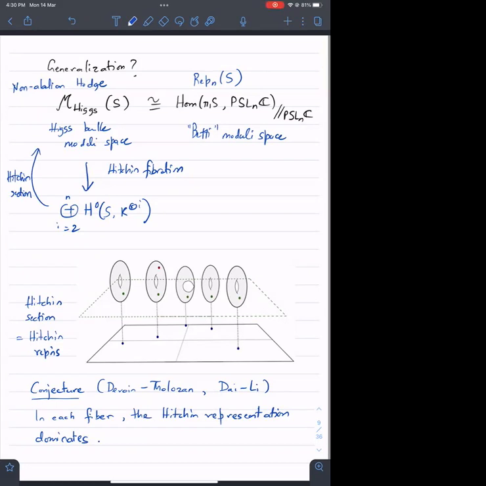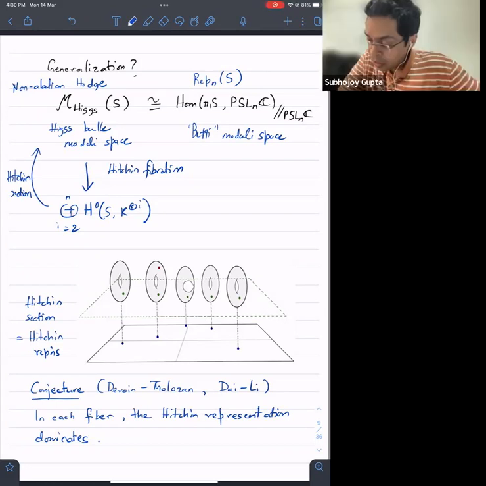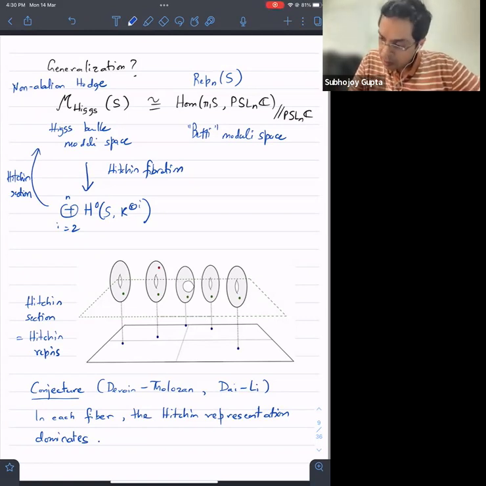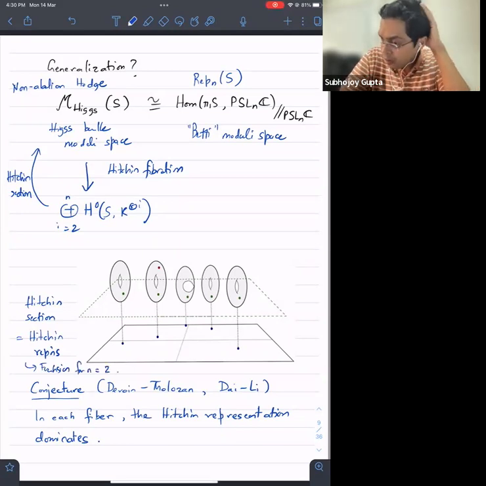So basically that's the analog of the Fuchsian guys, right? Yes, that's right. So for n equal to 2, Hitchin representations are exactly the Fuchsian representations. But for higher n, there are more.